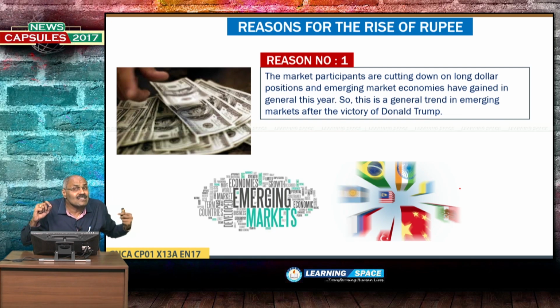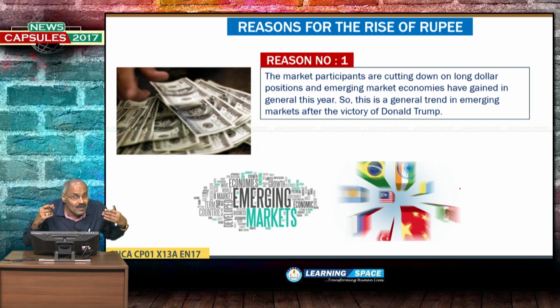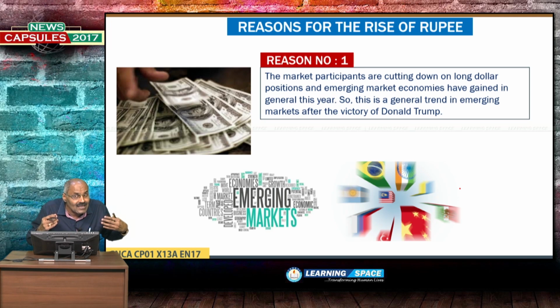So when there is an excess flow of dollars into the country, maybe because of exports, maybe because of foreign direct investment, maybe because of foreign portfolio investment, then the rupee appreciates. And when dollars are flowing out of the country, then the rupee depreciates. Now we are in a situation where dollars are flowing into the country.